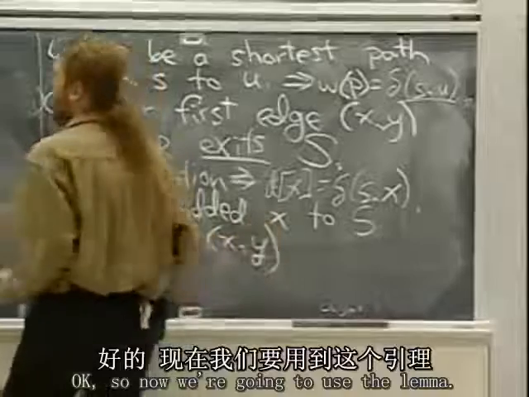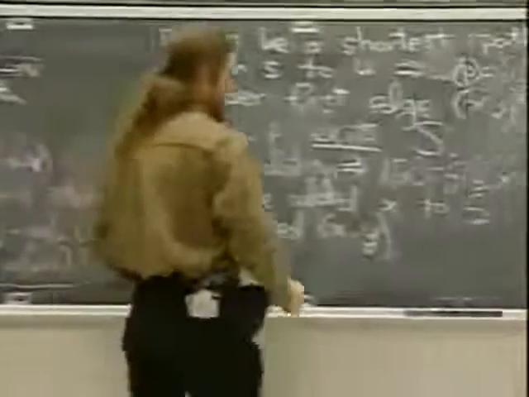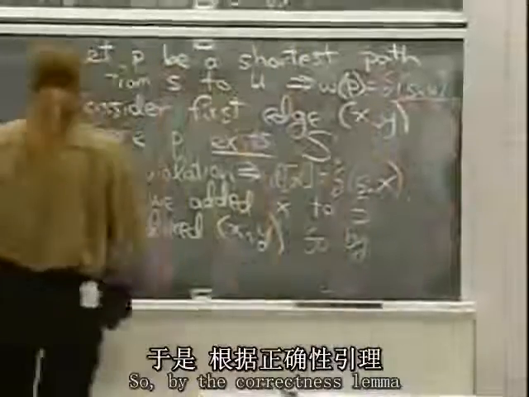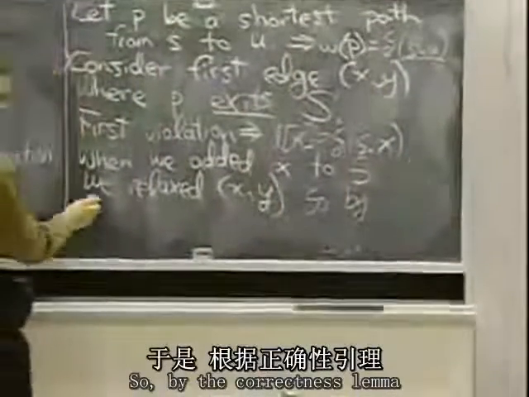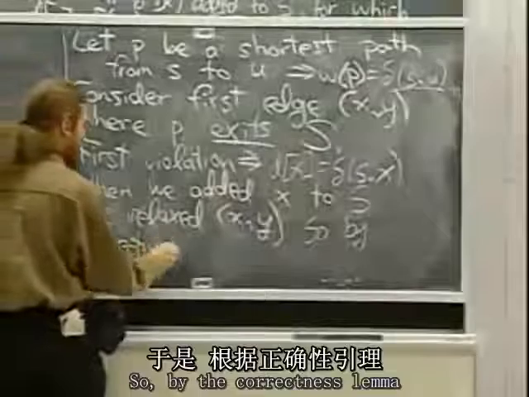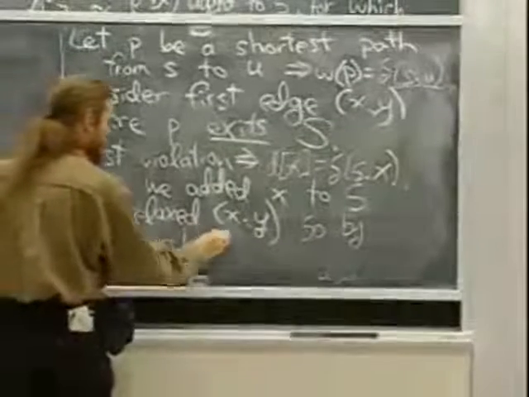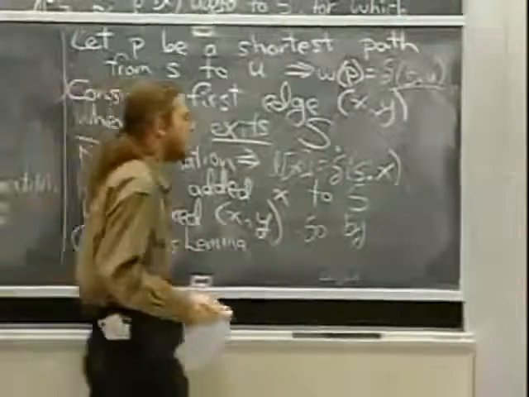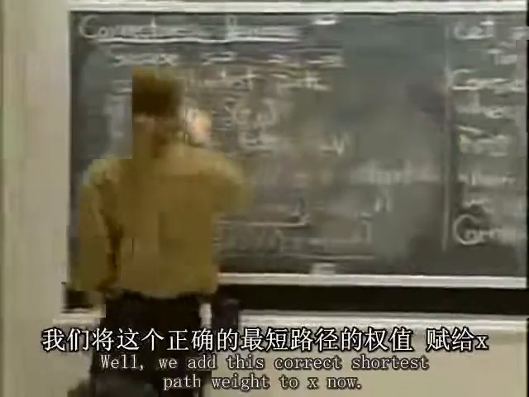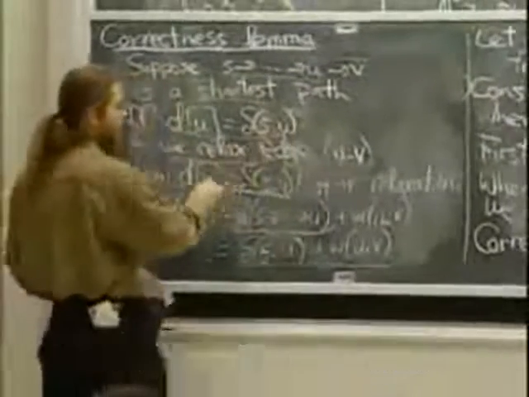Okay, so now we're going to use the lemma. So by the correctness lemma, what do we get? Well, we had this correct shortest path weight to x. Now we relaxed the edge xy.